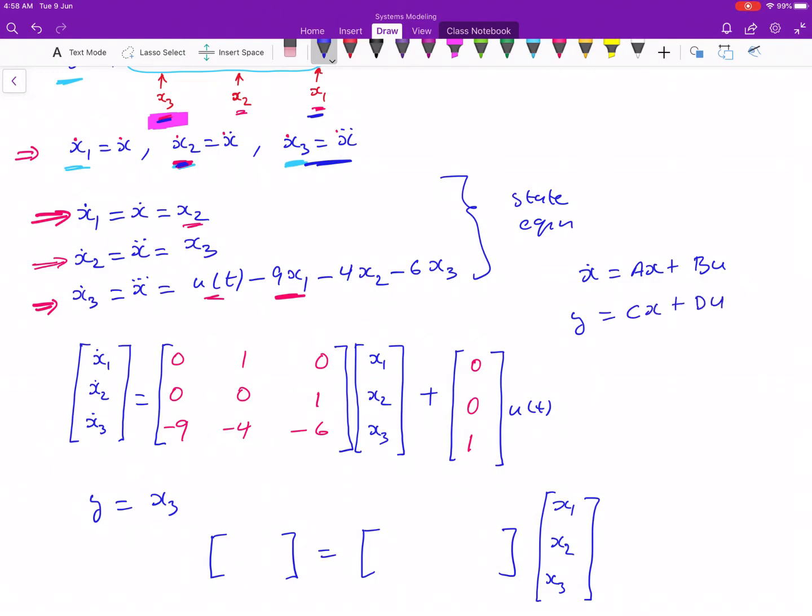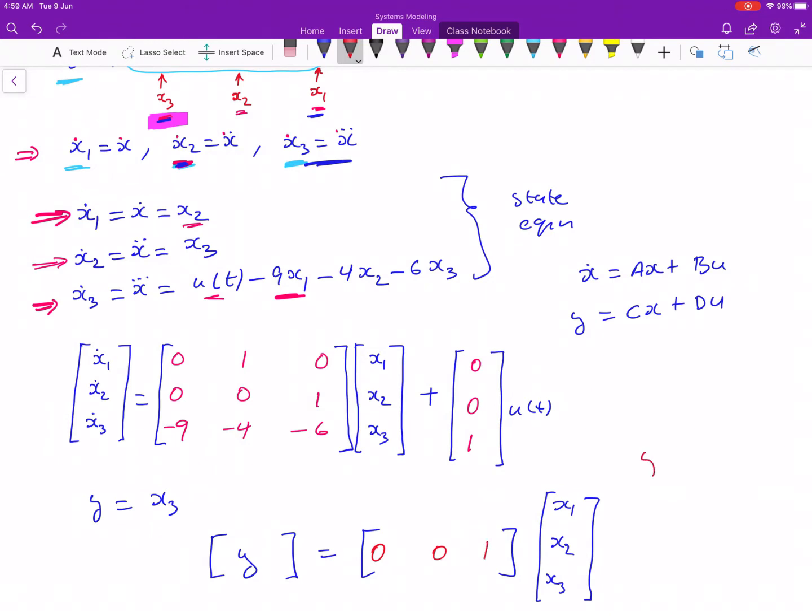Okay, so if y is equal to x3, it means that at x1 there is a 0, at x2 there is a 0, and at x3 there is a 1.